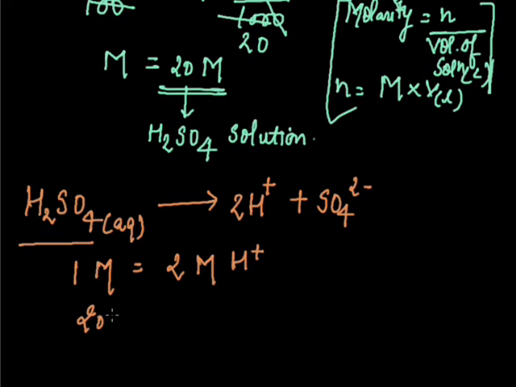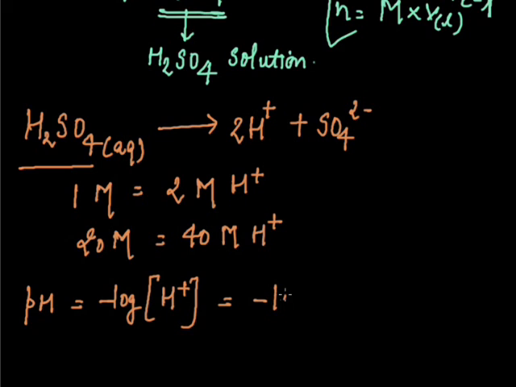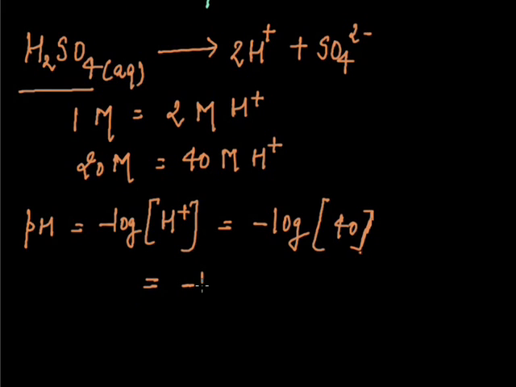So 20 molar will be equivalent to 40 molar of H plus ion. So pH will be minus log of H plus ion, and this will be equal to minus log, or we can write it in this manner, 4 into 10.